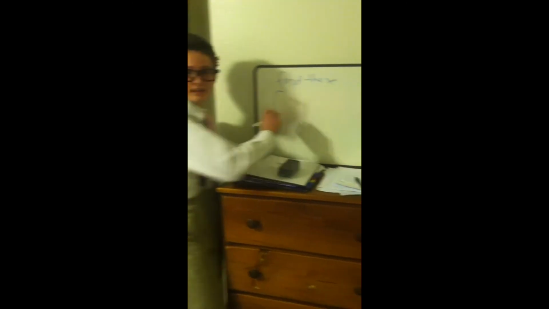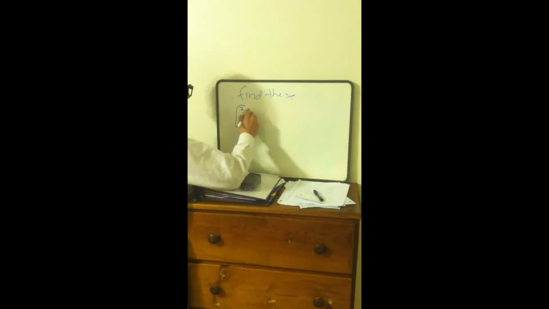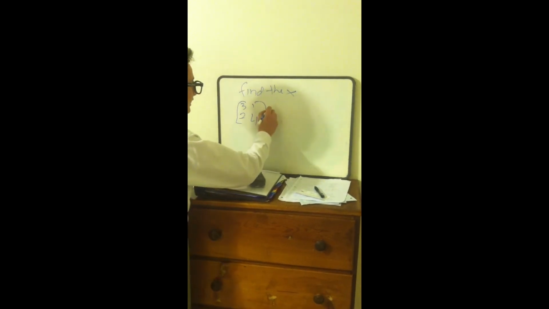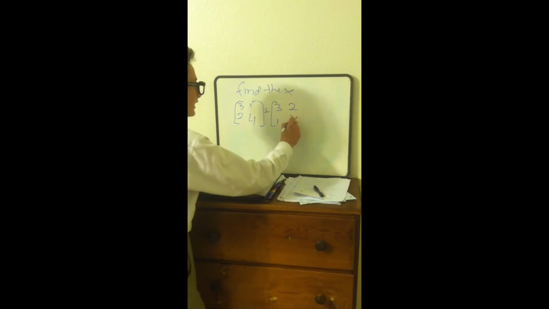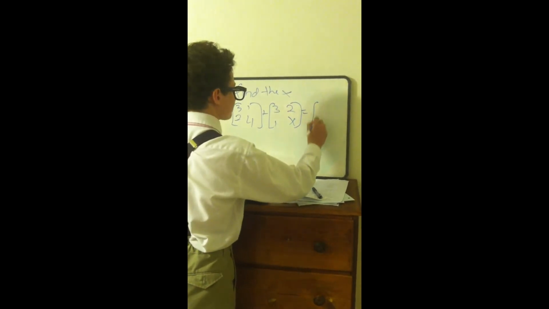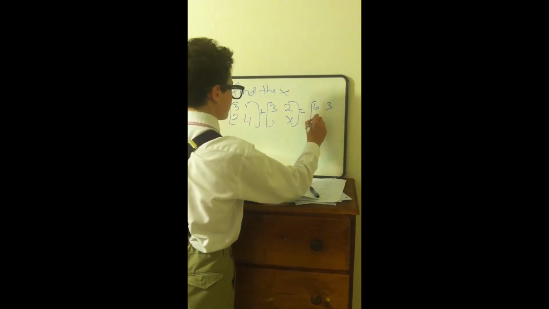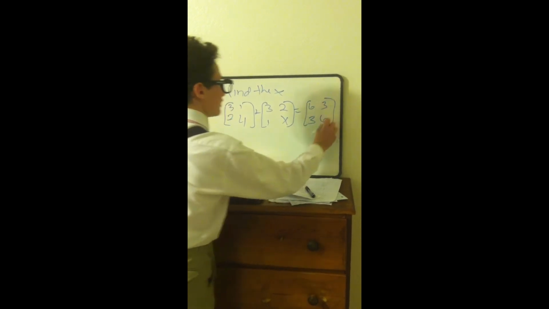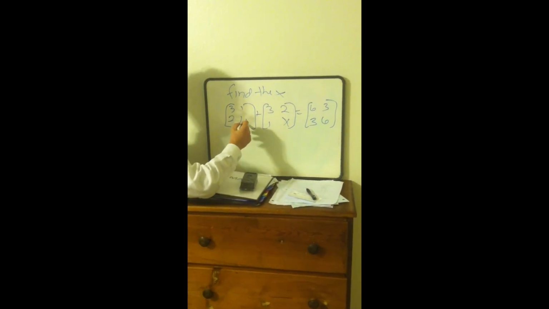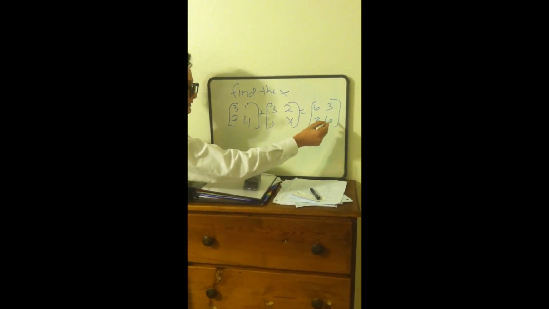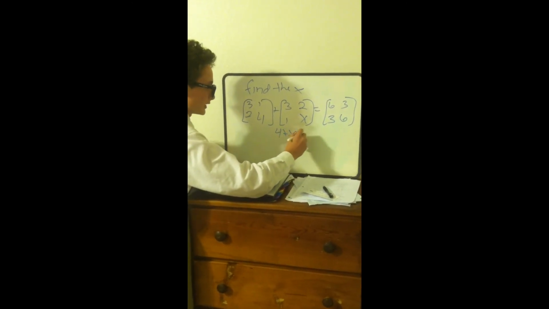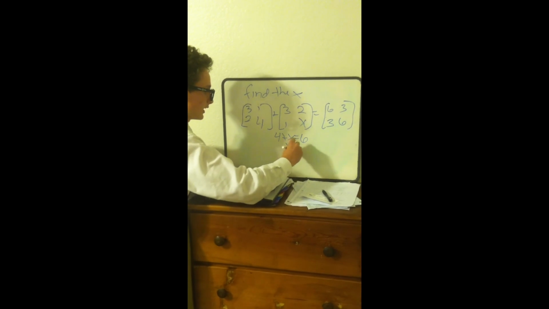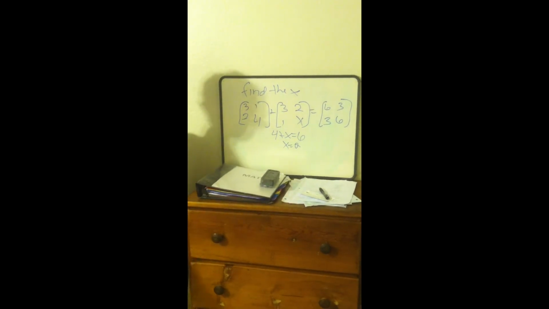If you have one matrix, and you're adding it to another matrix, but one of the matrices has an x, you're going to have to add this number plus this number to get this. So, 4 plus x equals 6, x equals 2.